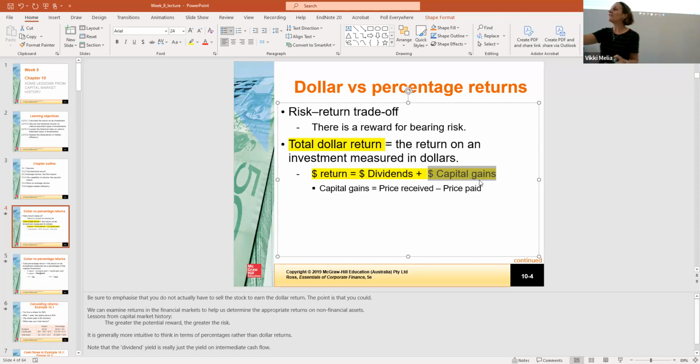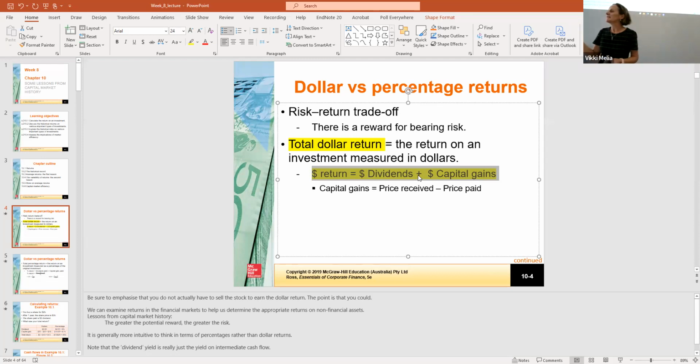You might pay $5 to buy a share in a company and the share price increases to $7. So you would make a $2 capital gain. So the dollar return is made up of the income component. If it's shares, your income from shares is the dividends that you get, and the capital gains, which is the increase in price of the asset.